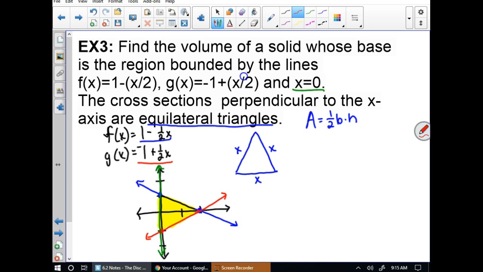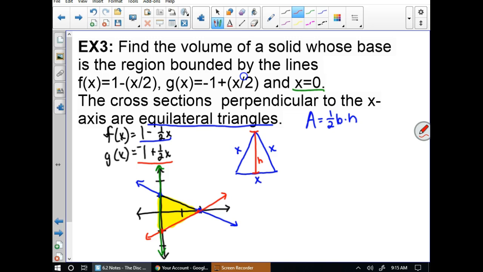The height is going to be different than x. So we're going to have to get the equation for the area of an equilateral triangle. And once we get this once, if you memorize it, you can use it for every one you have from here on out.